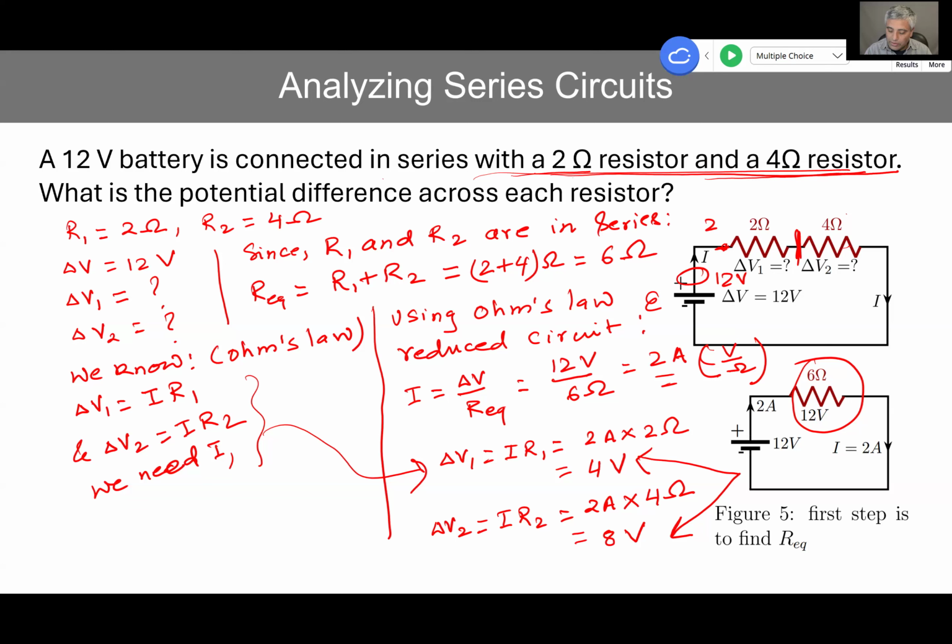It goes from 12 to 8 here. So 12 here, 8 here. So difference between 12 and 8 is 4 volt. And when it crosses this one, it goes to 0. So difference between 8 and 0 is 8 volt.